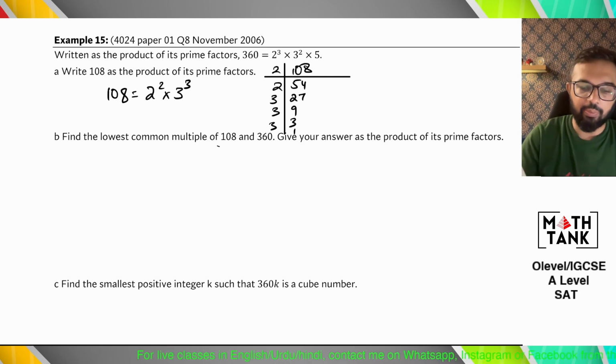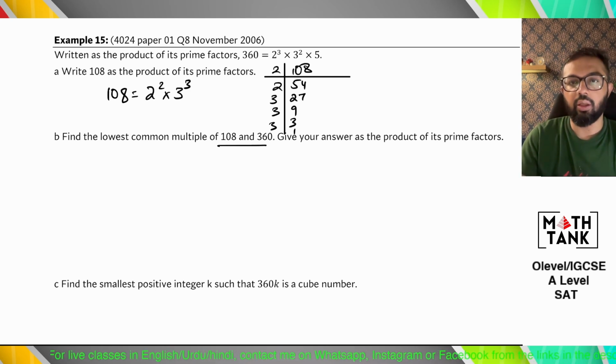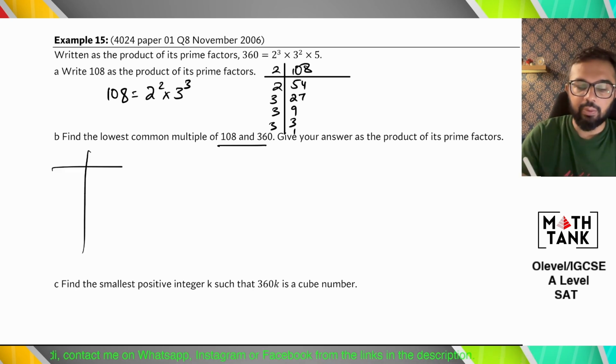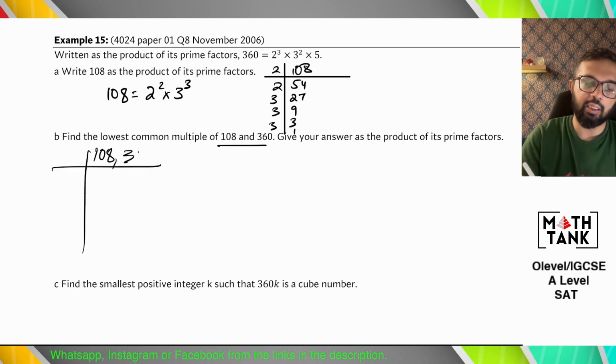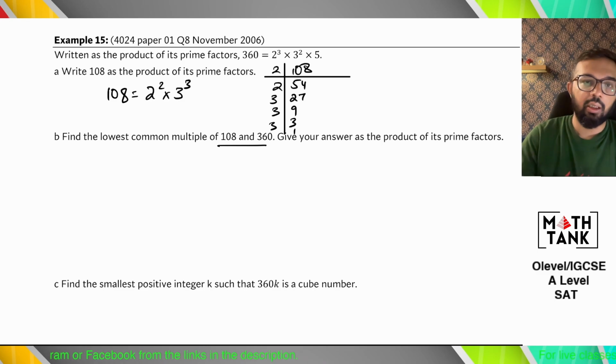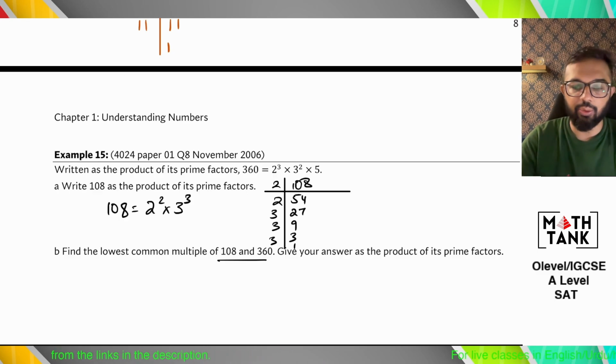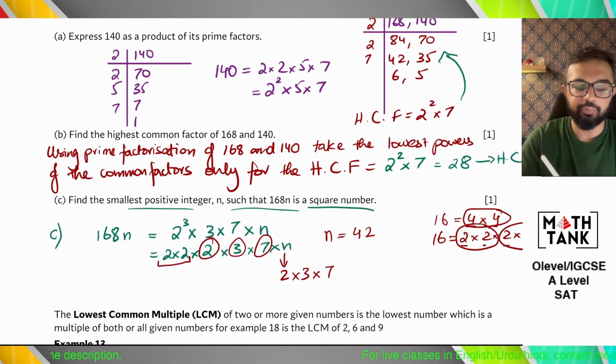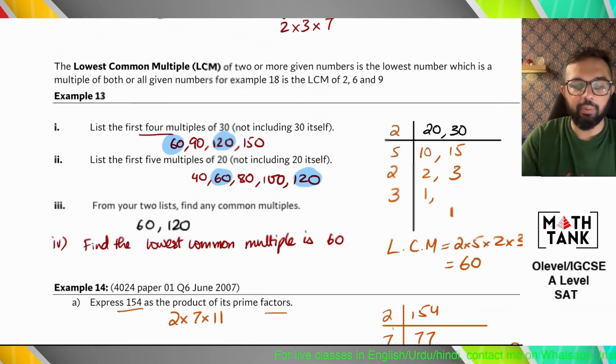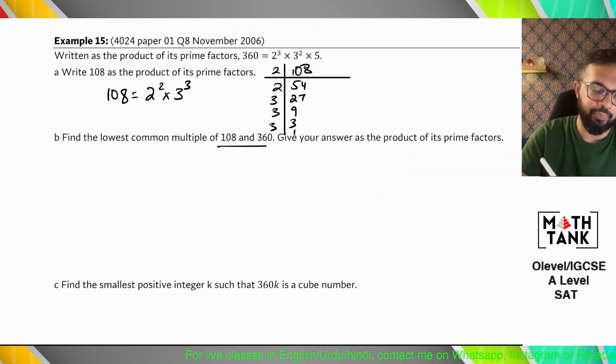Let's just find the lowest common multiple of 108 and 360. Give your answer as a product of its prime factors. I can do that. I know how to do this, 108 and 360, and put it into that. But like I wrote down a rule earlier for you for the HCF, I'm going to write down a rule for you.